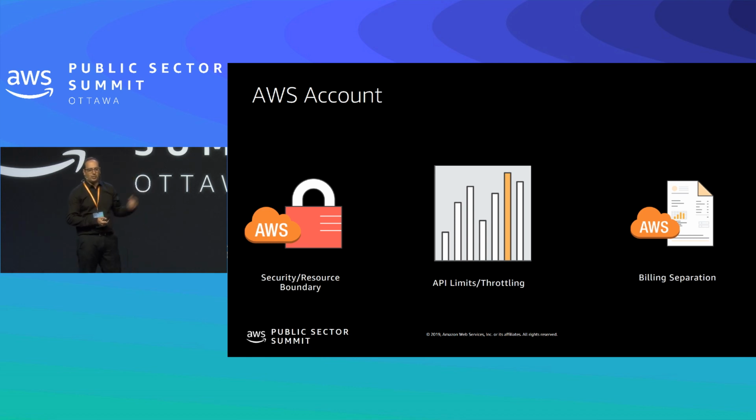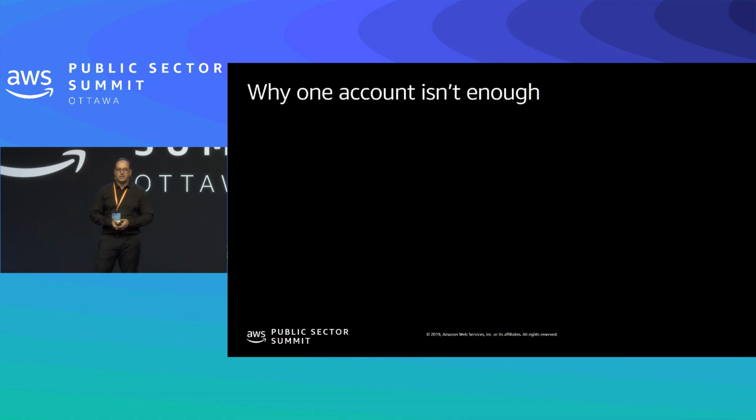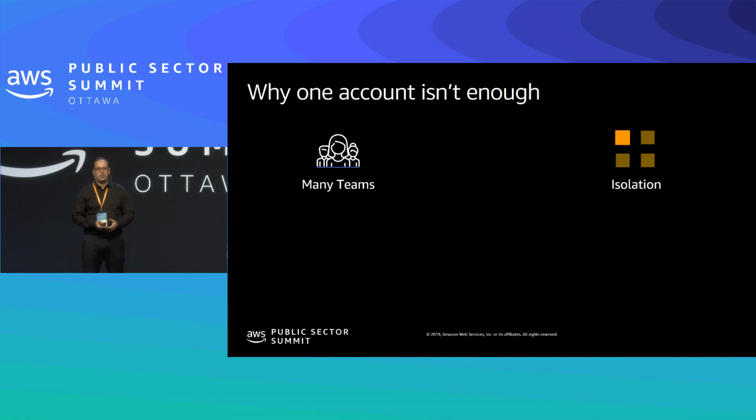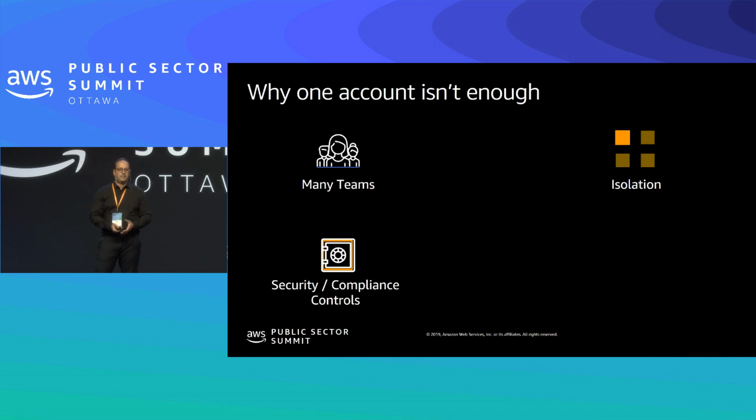Think about that initial problem I talked about earlier. How do you tell if different teams are all working in one? How do you do the cost backs? We have tagging, of course, but to get the highest level of isolation, you would need a separate account. So why isn't one account enough? Well, we have many teams, and we talked about it earlier, we don't want teams stepping on each other. We want isolation, so that if something does go wrong, in that example of the developer experimenting with a script, things can be contained and logically isolated.